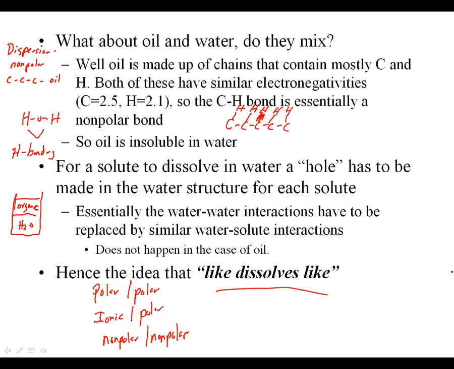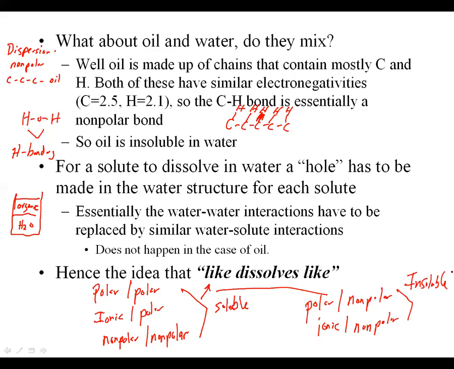All these interactions are our like dissolves like. These are all going to typically be soluble in each other. It is only when you cross over and mix something polar and nonpolar that there's a problem. So the idea of like dissolves like is a very important idea in terms of solubility.